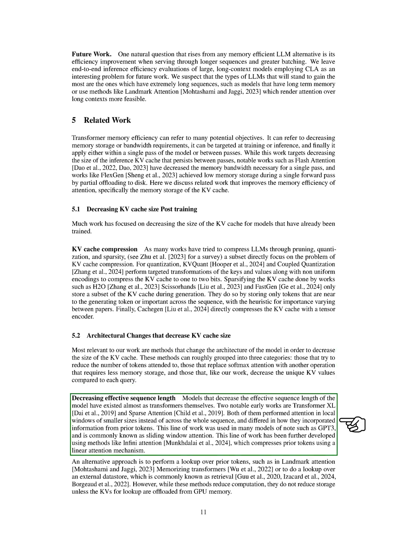Furthermore, we have discussed methods that decrease the effective sequence length of models, such as Transformer-XL and Sparse Attention, which perform attention in smaller local windows instead of the entire sequence. This approach, known as sliding window attention, has been further developed in models like GPT-3 and InfiniAttention, which compress prior tokens using linear attention mechanisms.